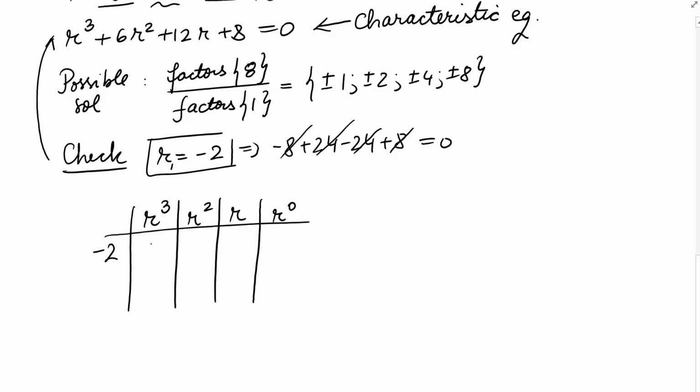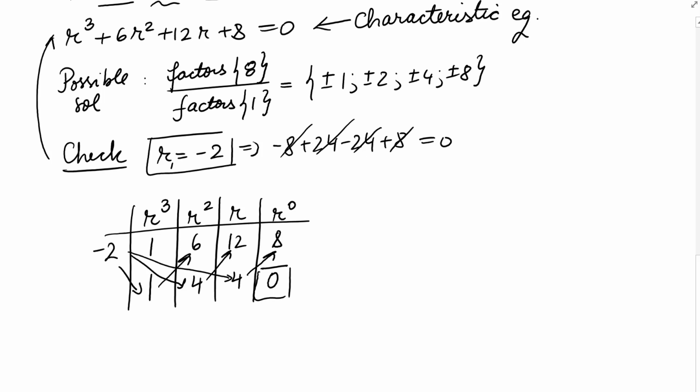So the coefficients are 1, 6, 12, and 8. We copy down the 1 and we multiply and we add. So we get 4. We multiply and we add. So we get 4. We multiply and we add and we get 0, which is expected when r equals negative 2, it's a solution.